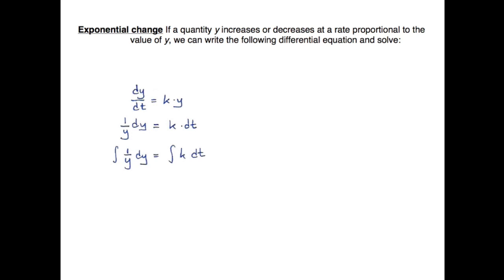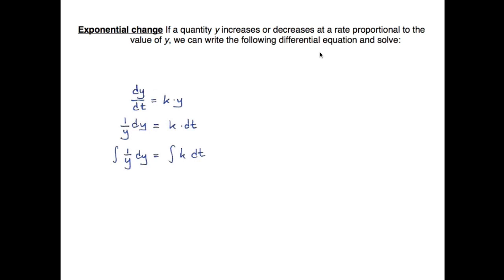Alright, we can integrate both sides. The integral of 1 over y dy equals the integral of k dt. By the way, why did I choose dt and not dx? In these examples, which we will see now, it is often a rate, a change of a quantity through time, like money changing in the bank or population increasing or decreasing.